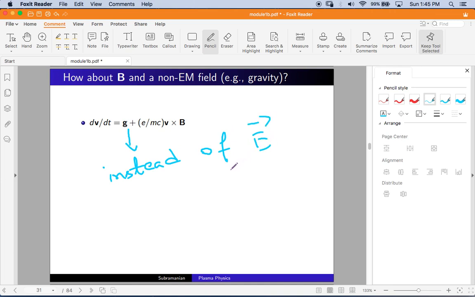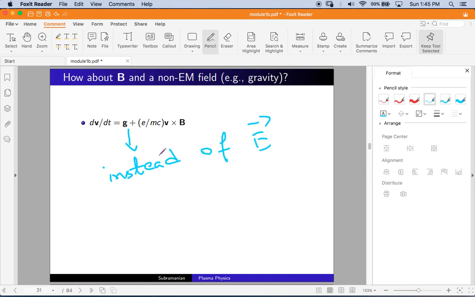As such, gravity and electric fields are similar. They just result in a force parallel to the direction of motion. Okay, but there's one important difference. Gravity cares about the mass of the particle. Electric fields care only about the charge of the particle.